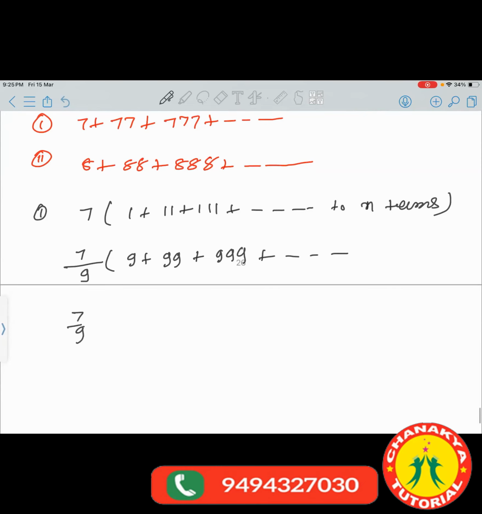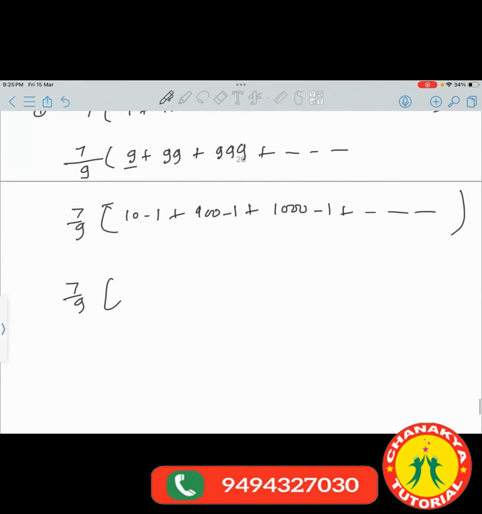So 7 by 9, we can write 9 as 10 minus 1, plus similarly 99 is 100 minus 1, plus 999 is 1000 minus 1, like that up to n terms. So 7 by 9, we can add 10 plus 100 plus 1000 plus up to n terms, and 1 is n times, so minus n.